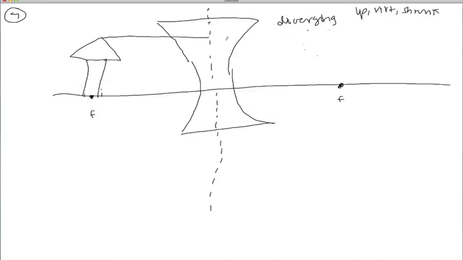And it's diverging, so it's gonna go up. And we know it's gonna be a virtual image, so it has to do with whatever the trace back is doing. But the trace back has to go through the focal point, so I drew that.